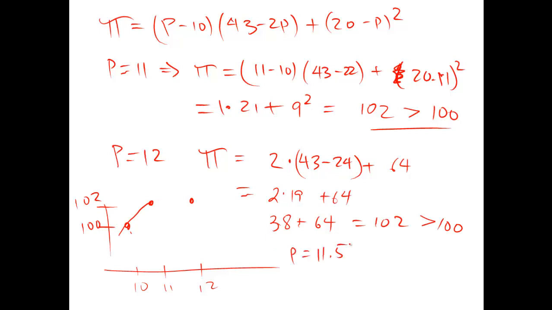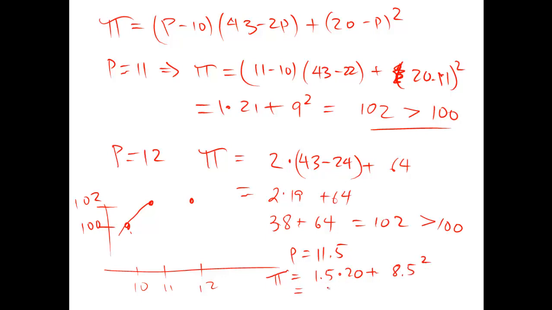And if we did that, we would find that then profit equals, so again using this formula, 11.5 minus 10 is 1.5. 43 minus 2 times P, 2 times P is 23, so 43 minus 23 is 20. Plus then 20 minus 11.5 squared, so plus 8.5 squared.